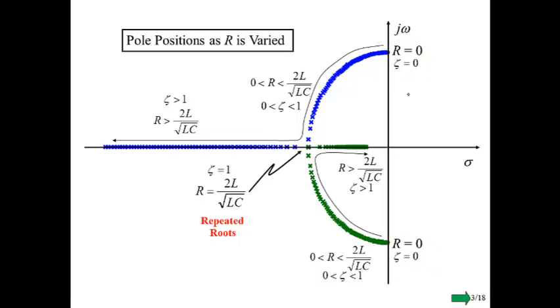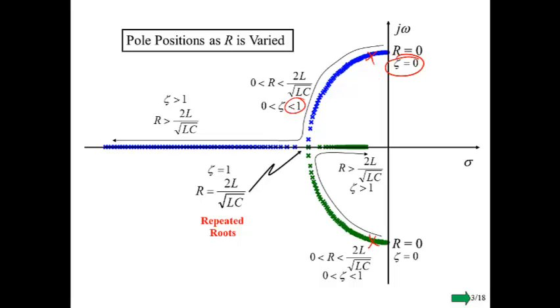So the poles start there, and then as we increase R, and effectively at the same time increase zeta from 0, as zeta goes from 0 to just shy of 1, the poles follow this path.